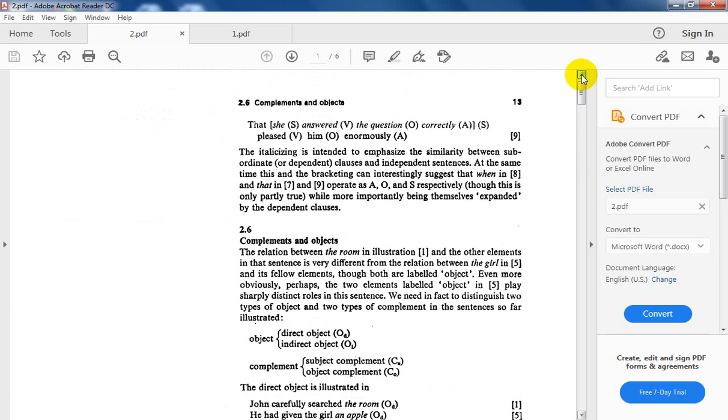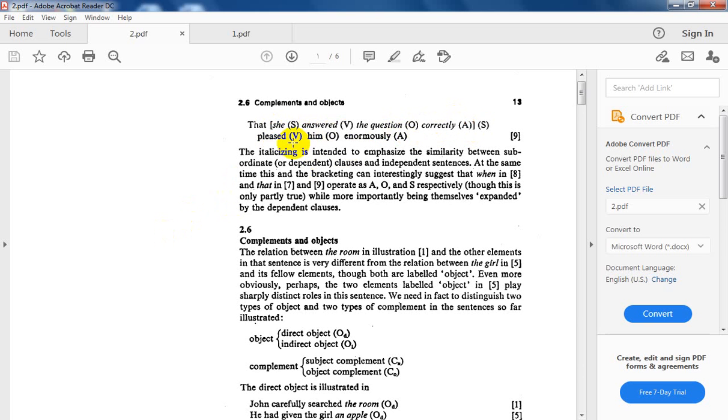The third: I have said that the subject, the object, and the adverbial can be realized as a sentence within another sentence. That she answered the question correctly, and I stop. If I stop at this point, I will not have a grammatical sentence.